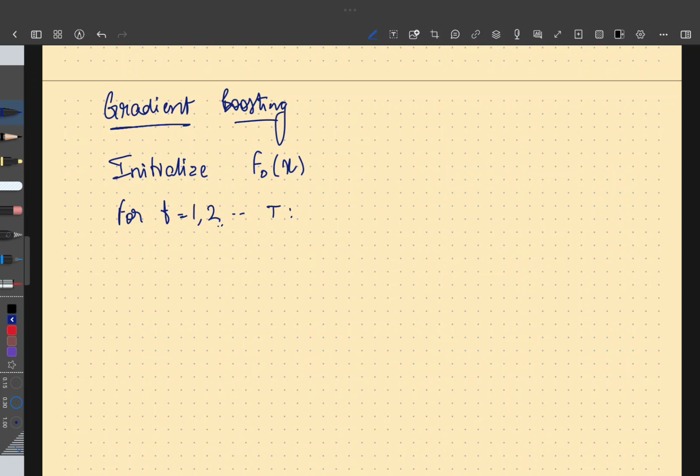For steps 1, 2, 3, up to T, you first compute the following gradient vector.